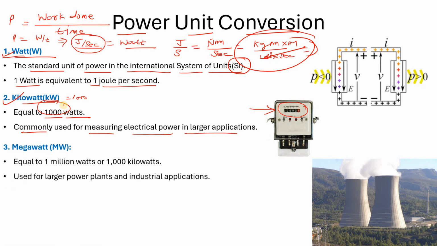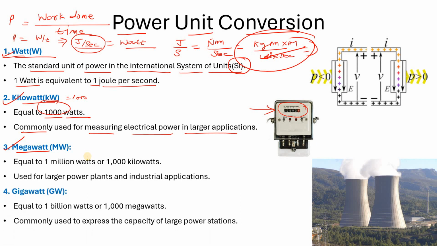Then the next unit is megawatt. When we go to larger plants and have to measure power in larger amounts, we use megawatt. Mainly megawatt or gigawatt are used when we deal with power plants, to express the capacity of the power plant.